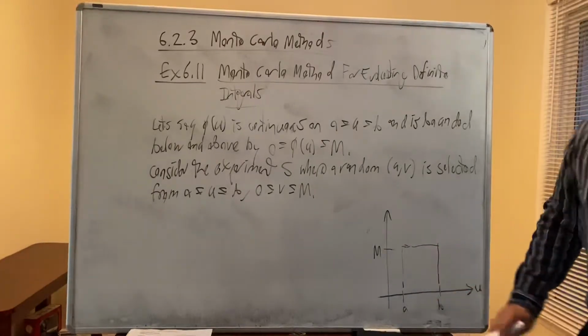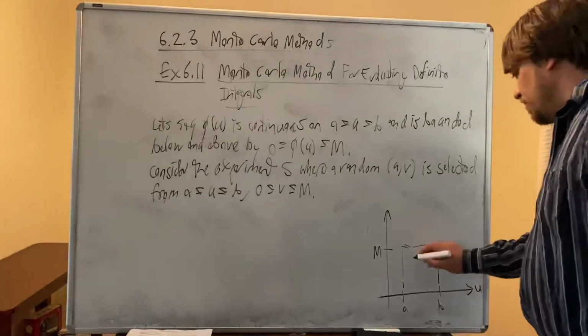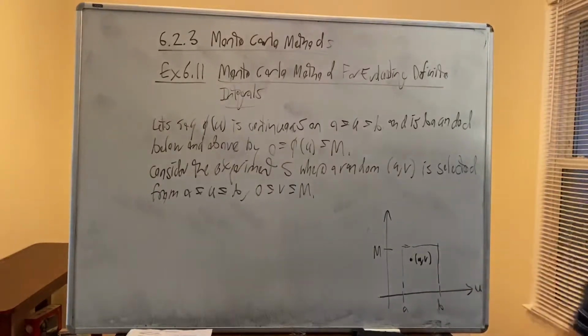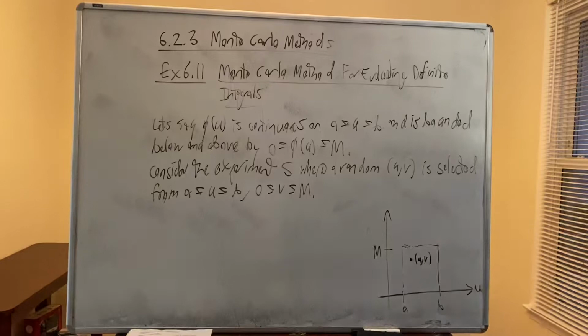Okay, so you have this area here. So (u, v) is in that box. So we're going to select a (u, v) at random from this box, where u is ranging from A to B, and v is ranging from 0 to M.